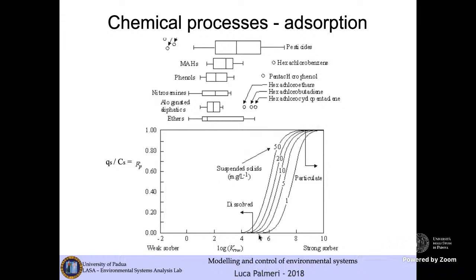So these are how much suspended solid is present in the water column. Depending on the KOW, so depending on the characteristics of the substance, you may find your substance more in the particulate or more in the dissolved phase, depending also on the characteristics of the adsorbent.